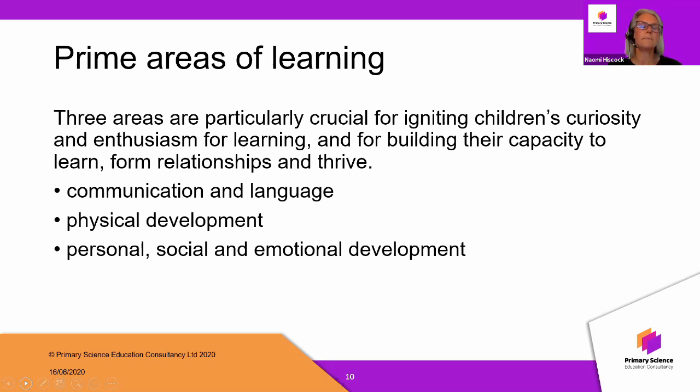So that's making bonds with teachers, with other adults, and also with one another, and all those social skills as well. So their resilience and that sort of thing. Those 3 prime areas of learning need to be in place before they're able to access the learning that's going to happen later in Key Stage 1 and Key Stage 2.